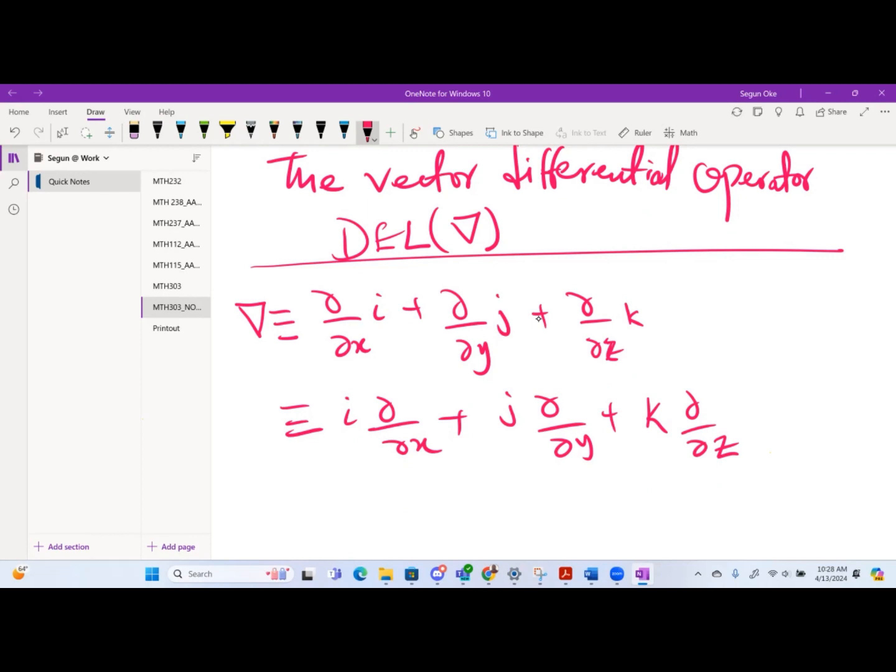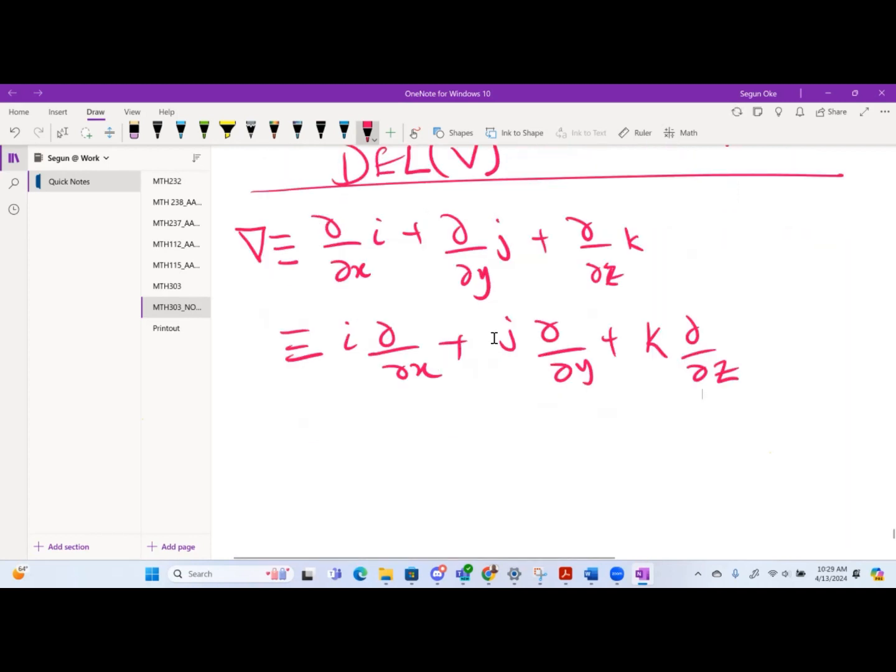So it is useful in defining the three quantities which arise in practical application and are known as the gradients. We use this del when we are solving problems. You can write this down.